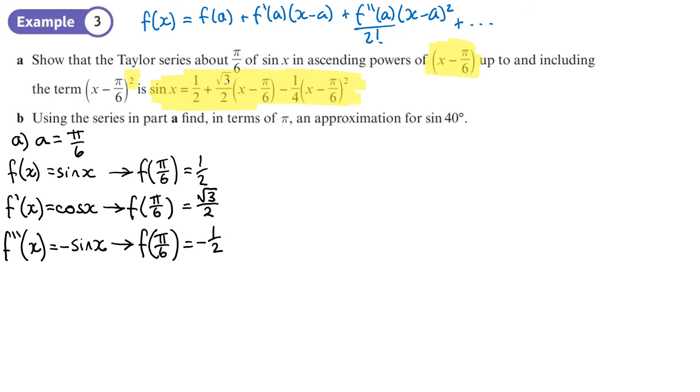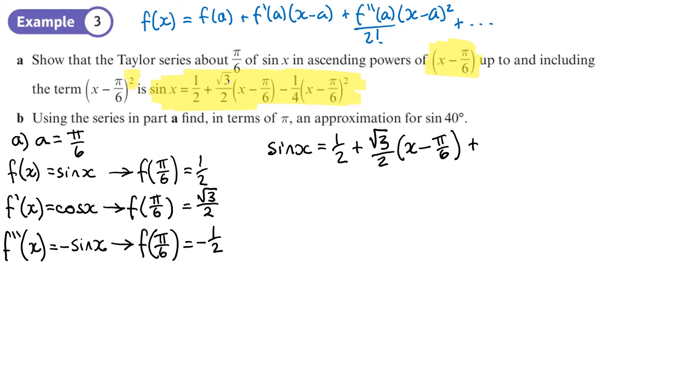So now we can write out the Taylor series or Taylor expansion. So sine x is equal to f of a, which is going to be a half, plus f dash of a, which is root 3 over 2 times x minus a, and a is pi over 6, plus, we only need to go as far as this.